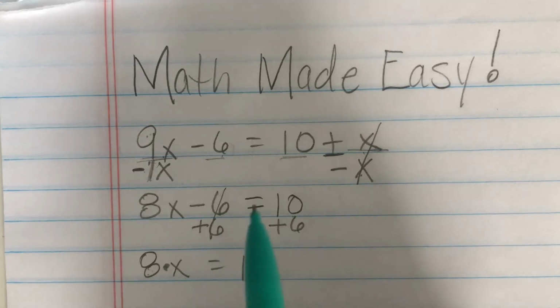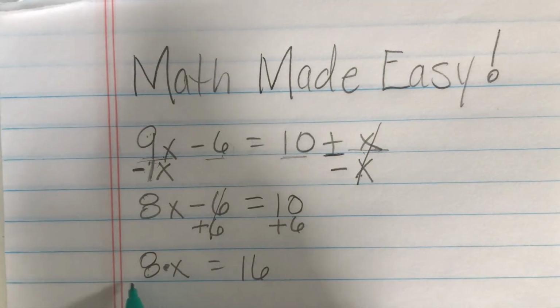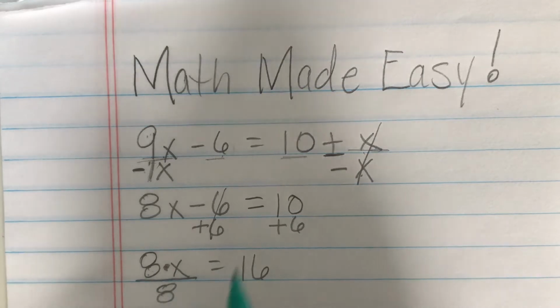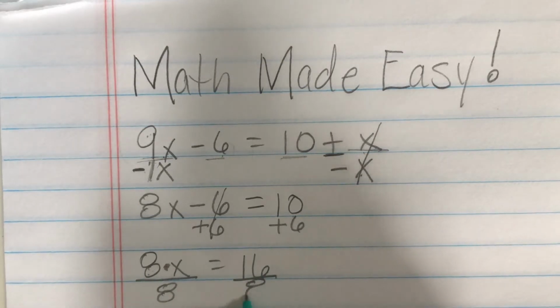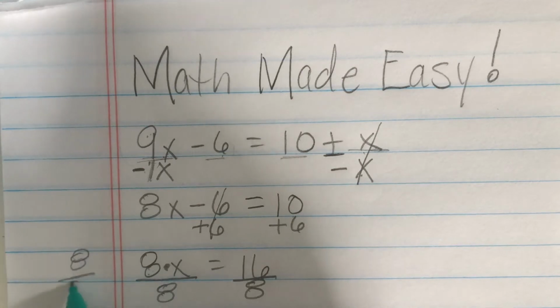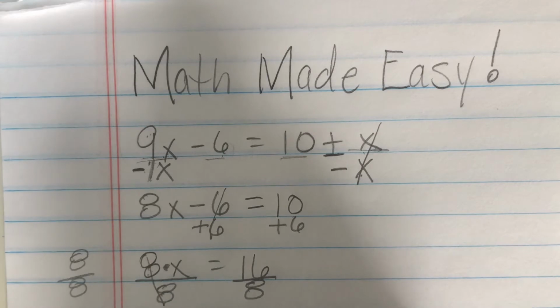In this case, if it's just a whole number, divide by whatever is in front of the x, which is 8. This is the same thing as saying 8 divided by 8, which is going to give us 1, and that leaves the x.